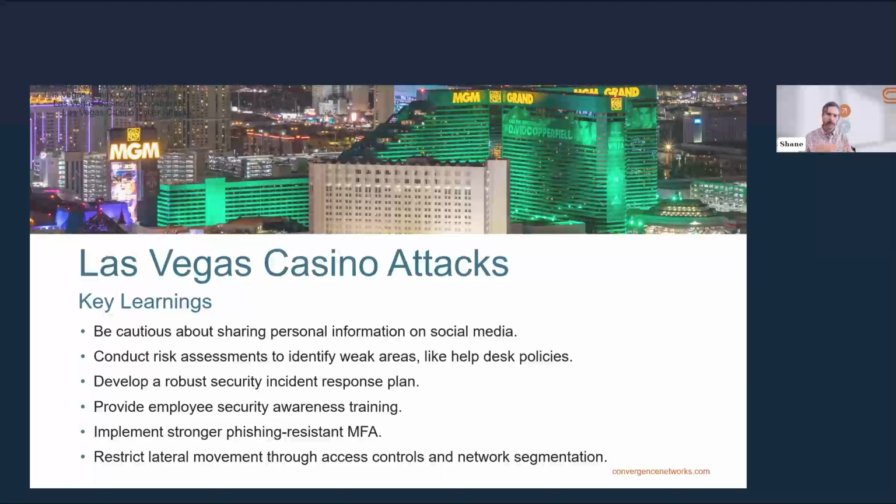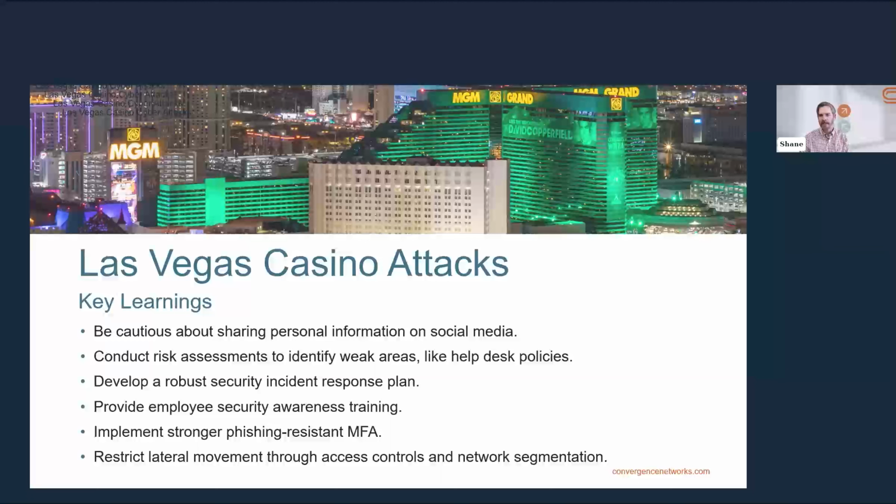So conducting recurring risk assessments can help identify weak areas, not only in technical systems, but in human processes and procedures, like sharing one-time passcodes over the phone or electronically, and making adjustments.